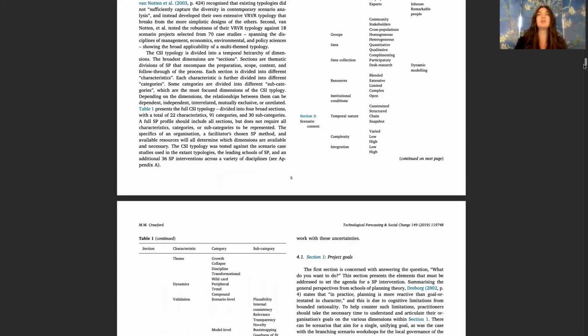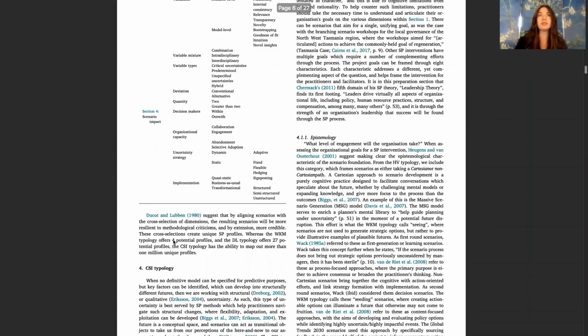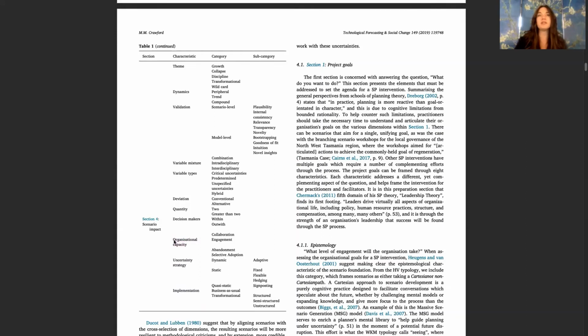So that feeds straight into the second characteristic that I started to add to the larger typology, which is organizational capacity, dialogue, and you've got collaboration and engagement. Will you be engaging, as an organization, with the outcomes that you have envisioned? These scenarios are not predictions of the future.